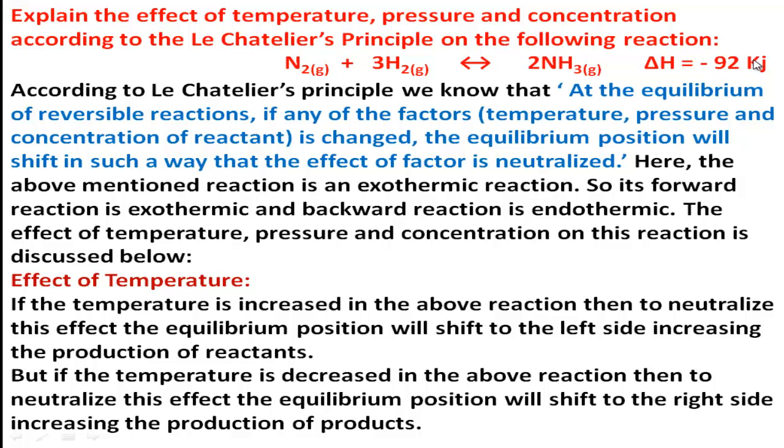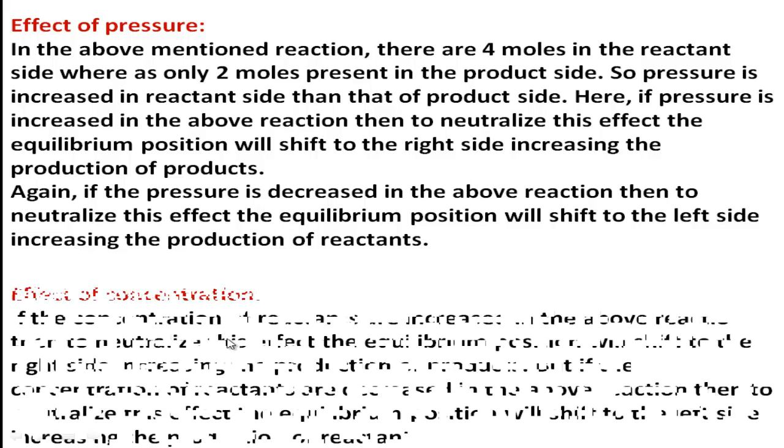How will you understand this? By observing the value of delta H. When the value of delta H is negative, that is exothermic, and when the value of delta H is positive, that is an endothermic reaction. So the forward reaction is exothermic and the backward reaction is endothermic. Now the effect of temperature, pressure and concentration on this given reaction will be discussed like this. Effect of temperature, use this language to help you in writing the answer to this type of question. Effect of pressure, then you have to discuss the effect of concentration in this way.